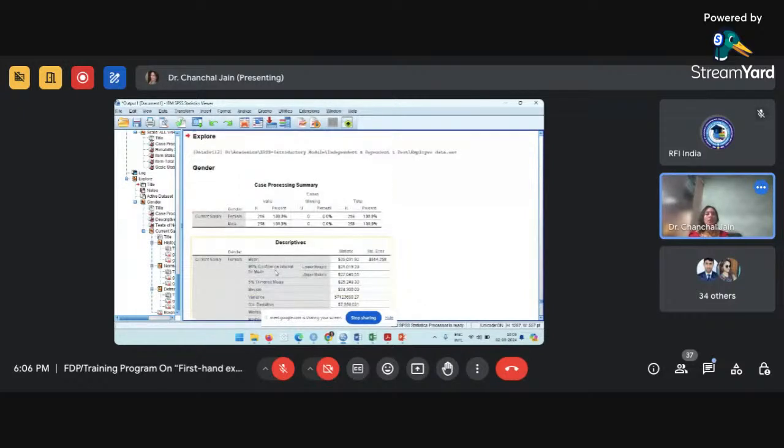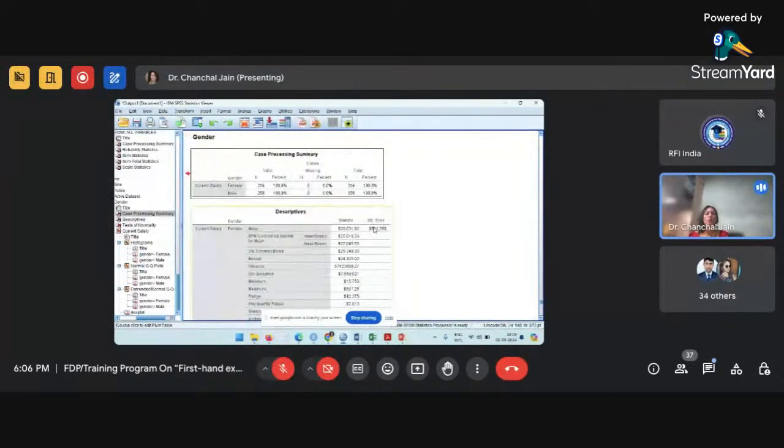Here you can find that we have a total of 216 females and 258 males, right? For these two different groups or categories, you can check there is no missing value, and this is the total observations. This is table number 1.